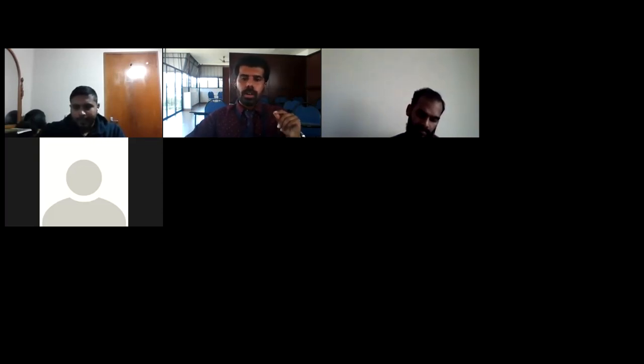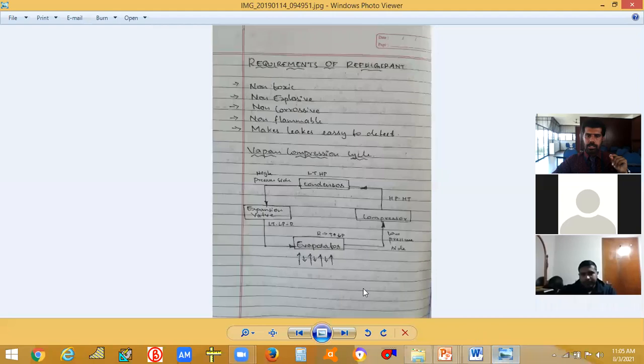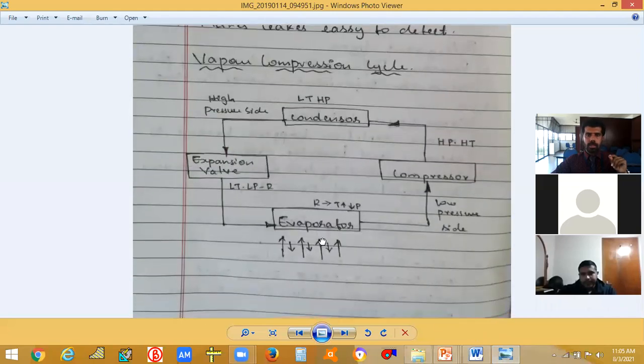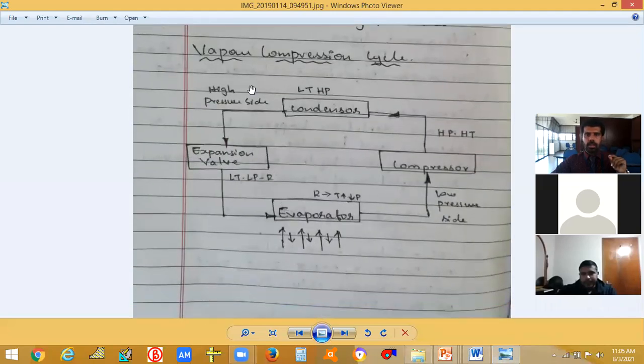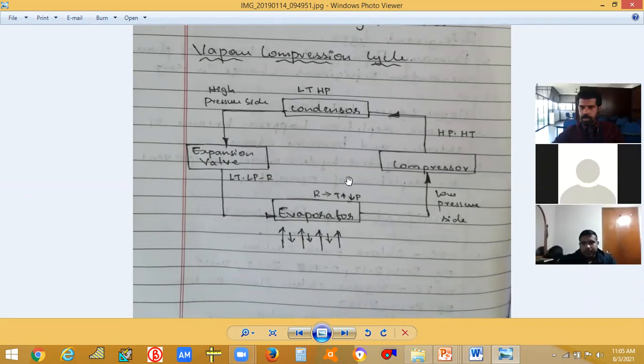Now, write the heading vapor compression cycle, and you can see this is the evaporator. Afterwards, I will show a good picture also.